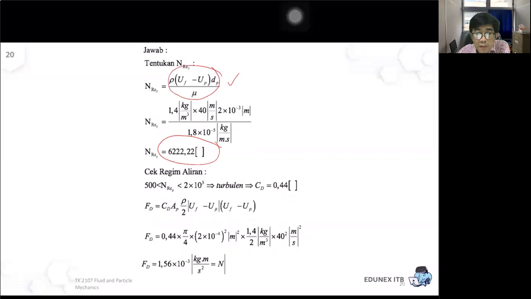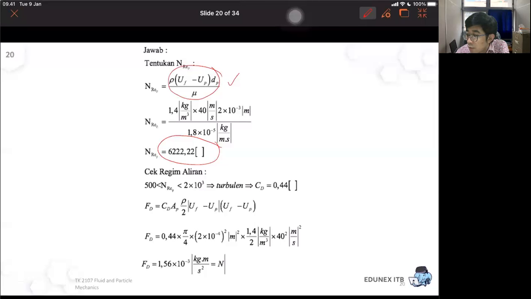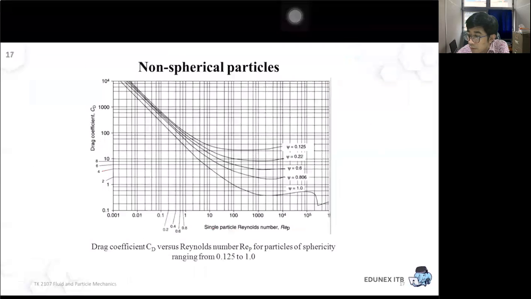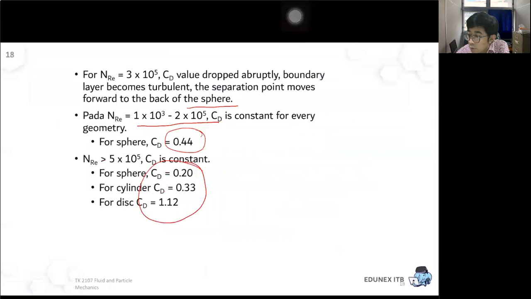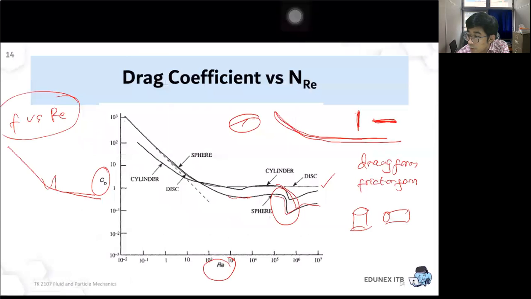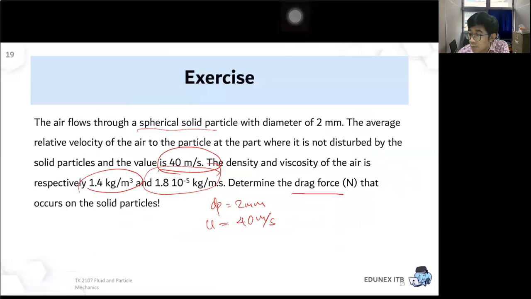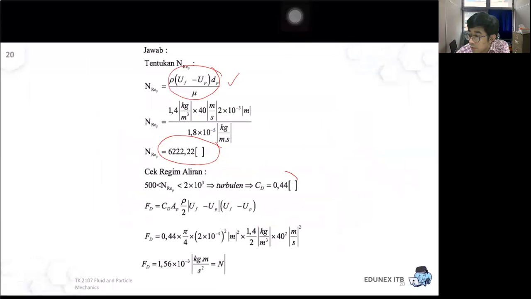If the result is correct, then when the Reynolds number is around 6,000, you can check using one of the graphs here. This is a sphere, right? A spherical solid, so you can use either graph for the sphere. For 6,000, what is the value of the drag coefficient? Is it correct that the drag coefficient is 0.44?